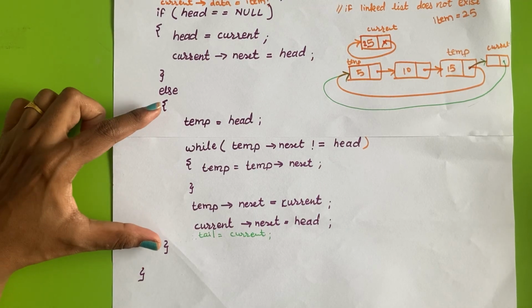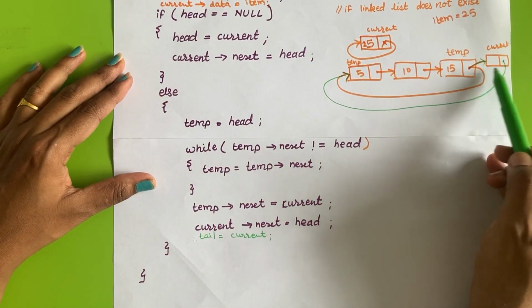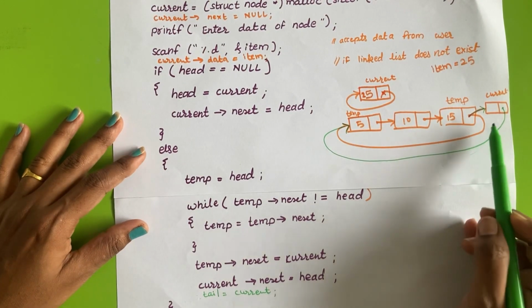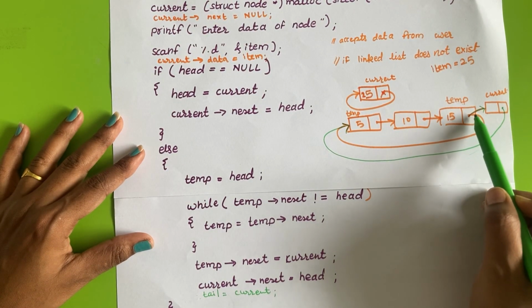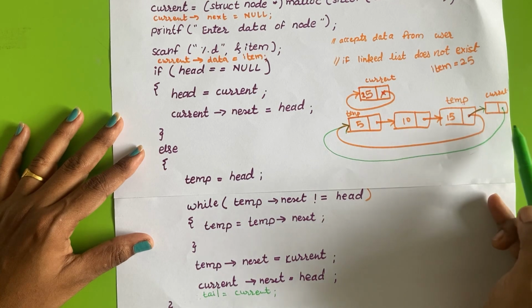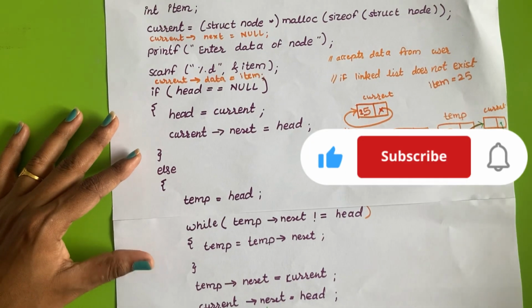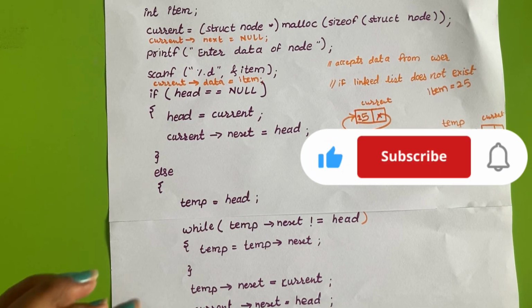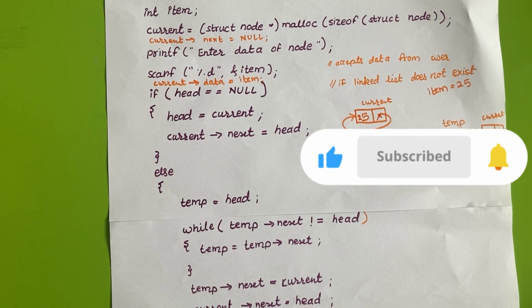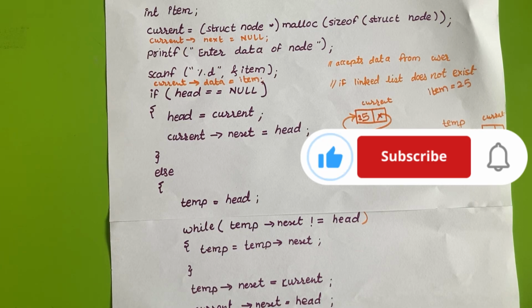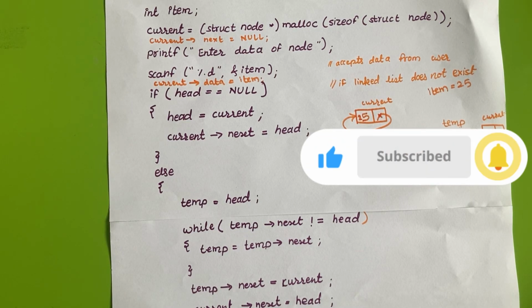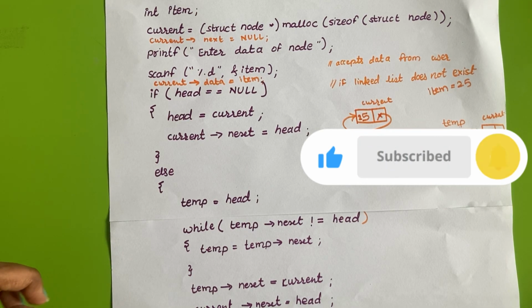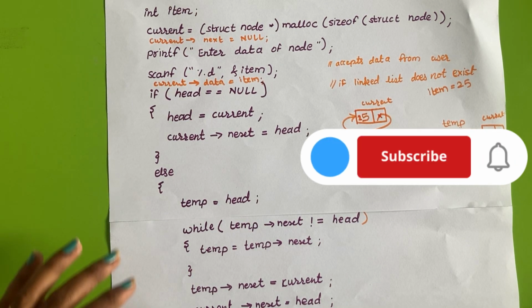Okay, so this will make the changes in the pointer fields of these two nodes. Okay, hence we have attached the newly created node at the last of the circular linked list. Hope so you have understood how we have created new node, how we have allocated memory to this node, how we have copied the data from the item to the new node, and we have attached the new node to the already existing linked list.